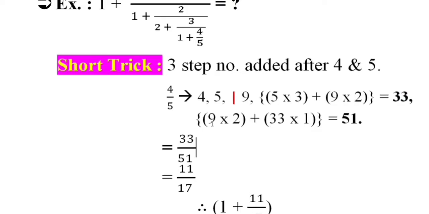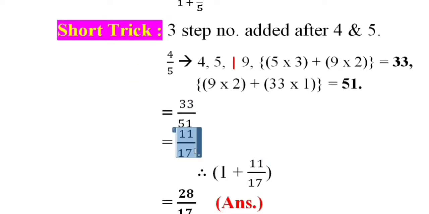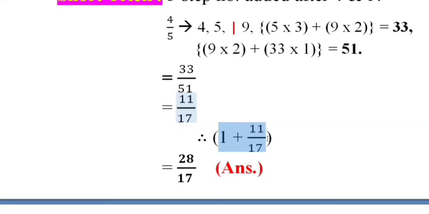And 9 into 2, this 9, 2, this 2 plus 33, this 33 into 1, this 1 equals 51. So it equals 33 by 51, which equals 11 by 17. Therefore 1 plus 11 by 17 equals 28 by 17. Answer.